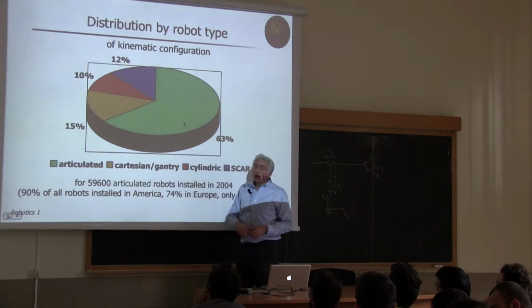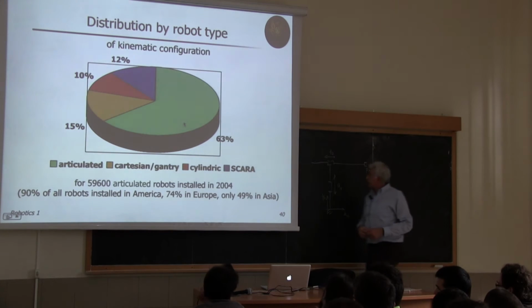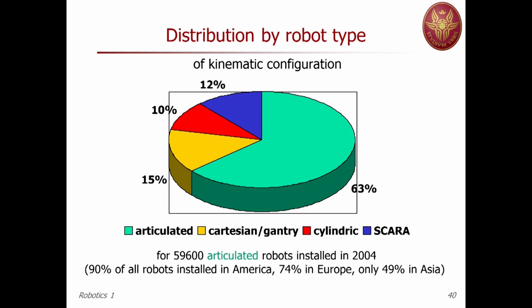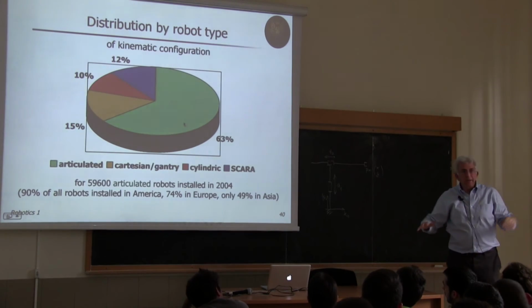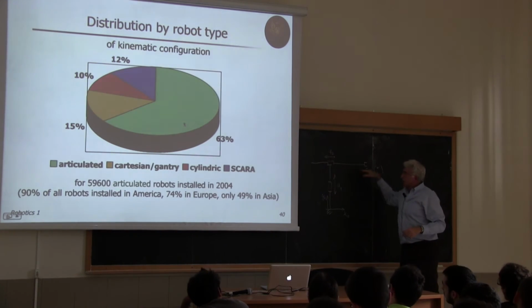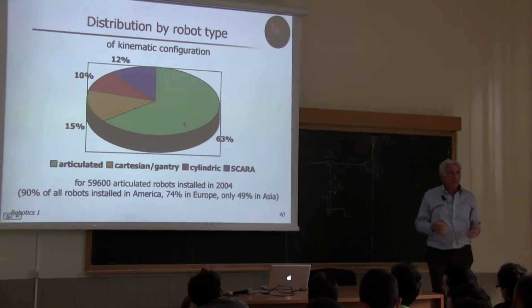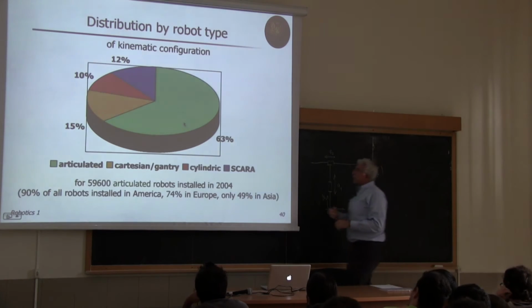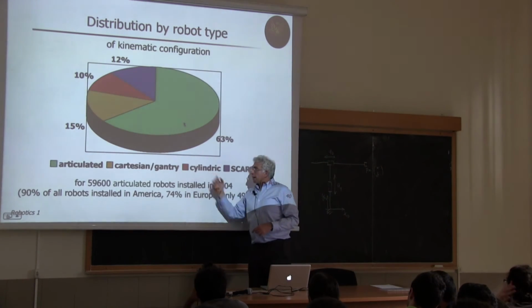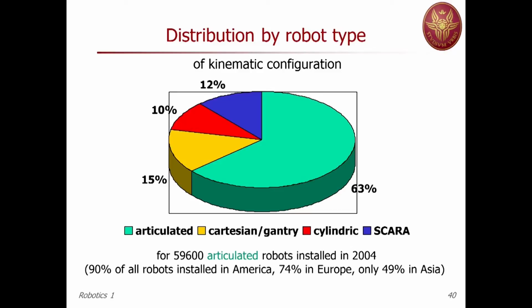15% was of the Cartesian or gantry type. Remember, Cartesian is another equivalent term for gantry robots. Gantry is because usually they're coming from top, but Cartesian is more generic. In fact, the joints move along Cartesian axes. This is when you have prismatic joints at the base. There's another category we will see later on when we classify in detail all robots, which is called cylindric.